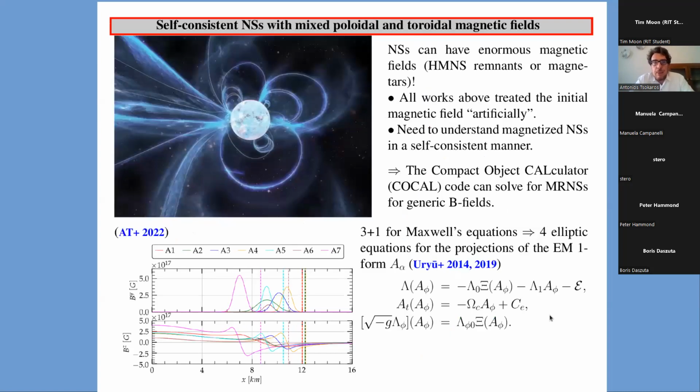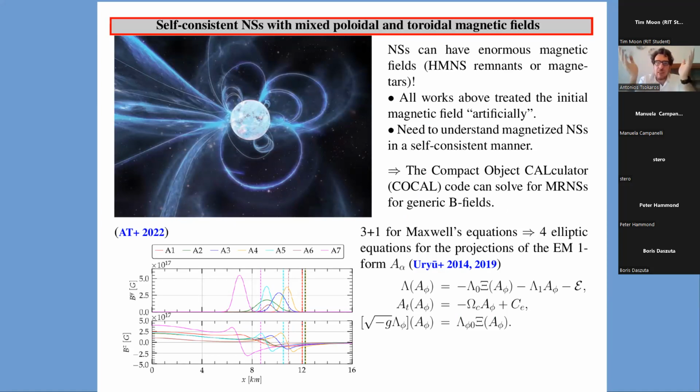Moving to the second part, as we all know, neutron stars have enormous magnetic fields, orders of magnitude stronger than the strongest MRIs that exist in all the hospitals in the world. And in all the works that we have talked about up until now, the magnetic field is treated artificially, which means that we put it by hand.